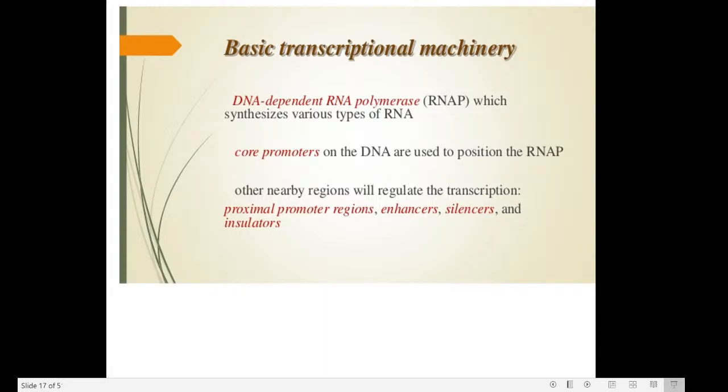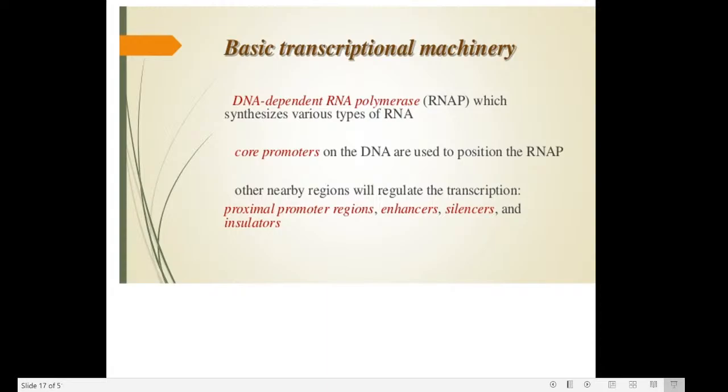So mRNA production is the major role-playing concept in transcription. The mRNA is the initial step of protein production, so if we stop mRNA production, we can automatically control protein production.